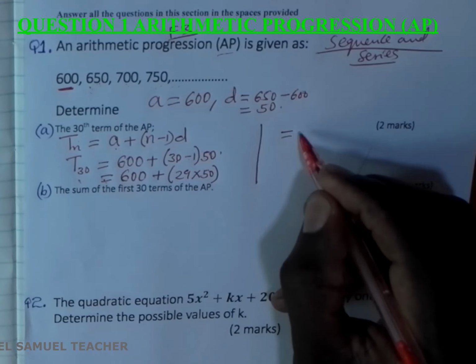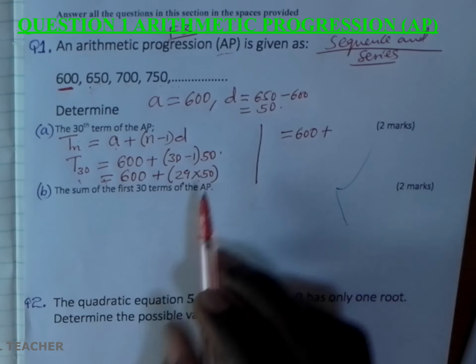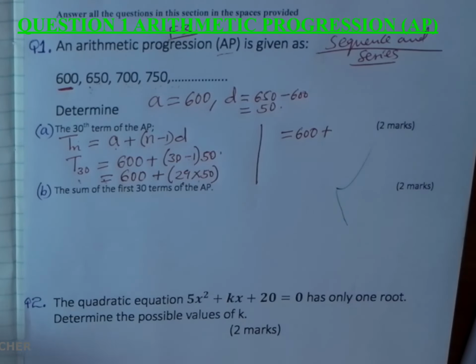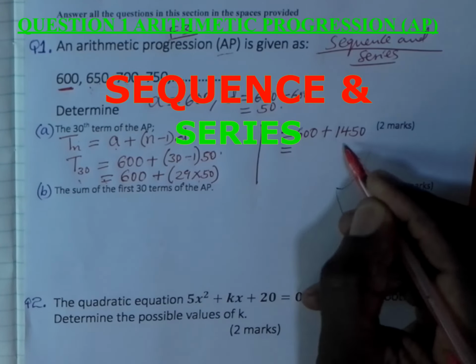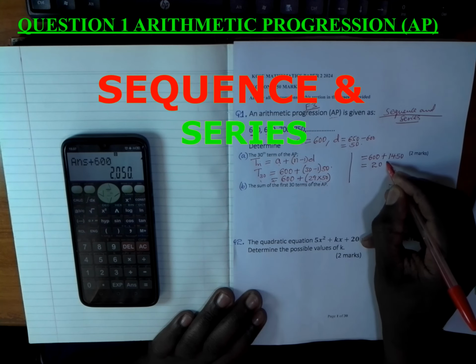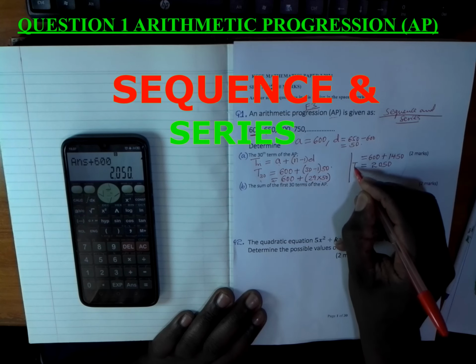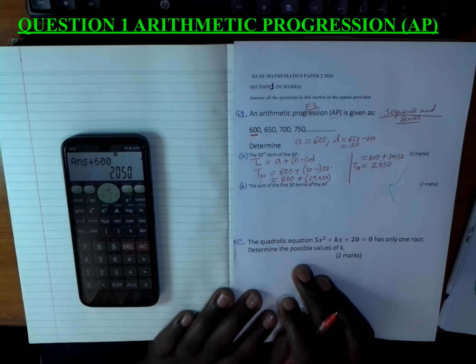So we end up getting 600 plus 29 times 50, that is 1450. So we add 600, we end up getting 2050. So this is the 30th term of this progression.